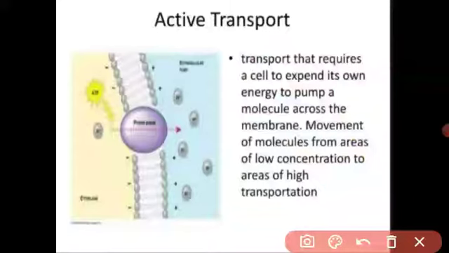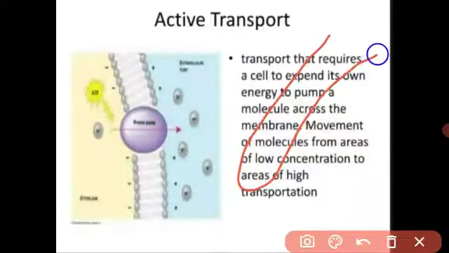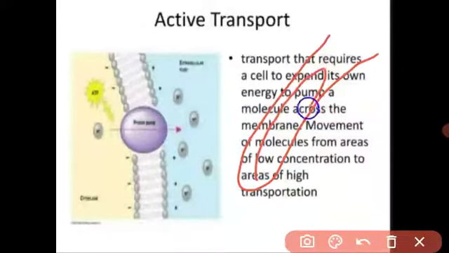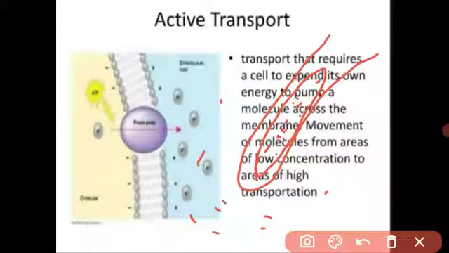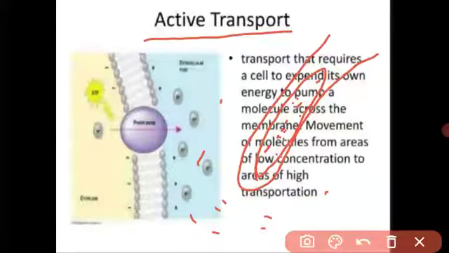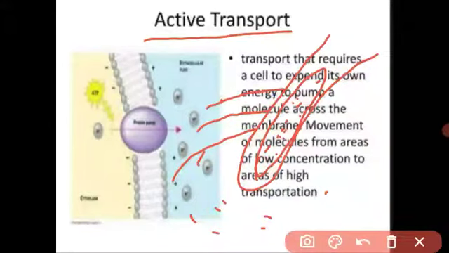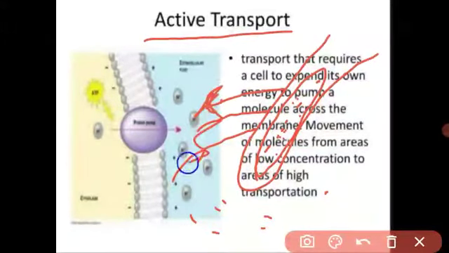Means look, for example, this is the root here. The root has large vacuoles. The vacuoles contain the cell sap. Means there is a higher concentration of minerals as compared to the soil. But with the help of active transport, the root absorbs the nutrients from the region of lower concentration to the higher concentration, and it requires ATP.